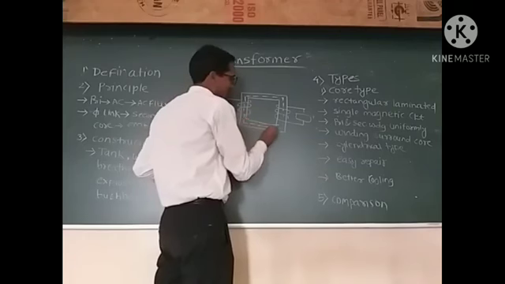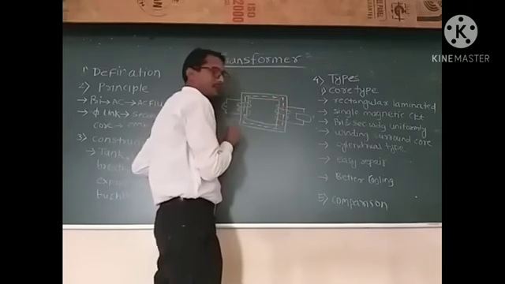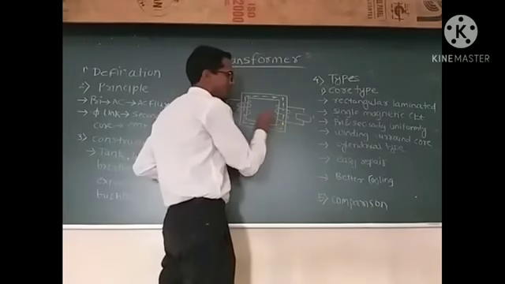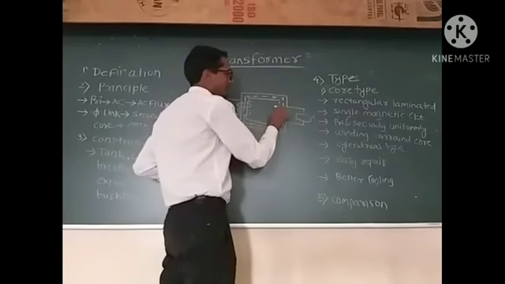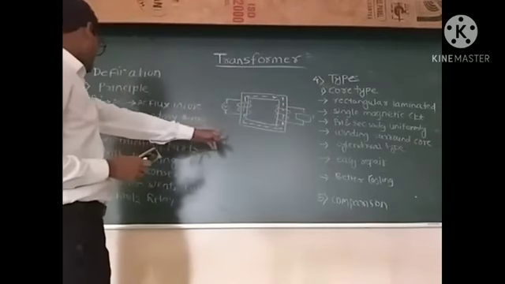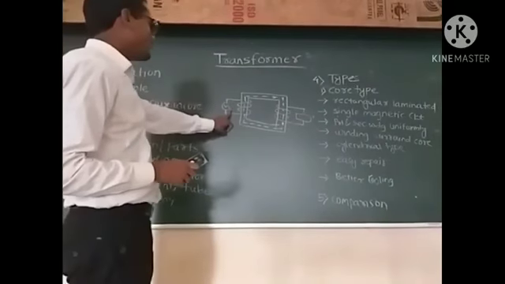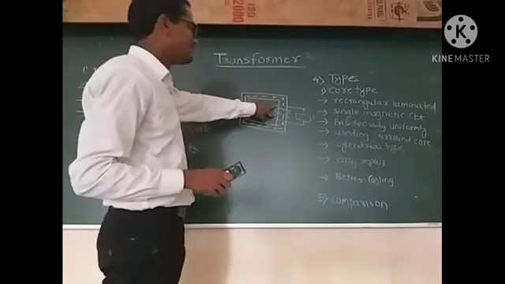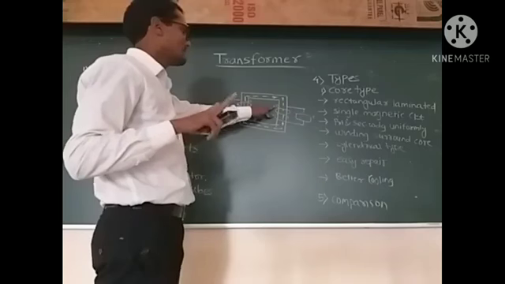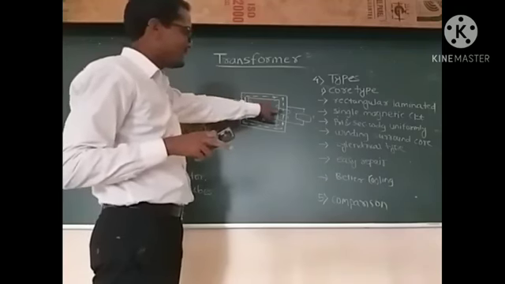These fluxes are continuously generated and travel through the magnetic core. While these fluxes are traveling through the magnetic core, they pass through the secondary winding. When these fluxes pass through the secondary winding, the secondary winding gets an induced EMF by Faraday's law of electromagnetic induction.